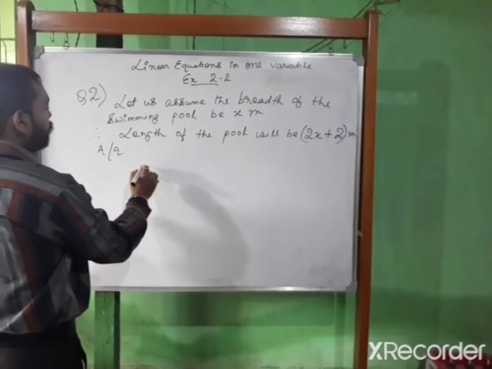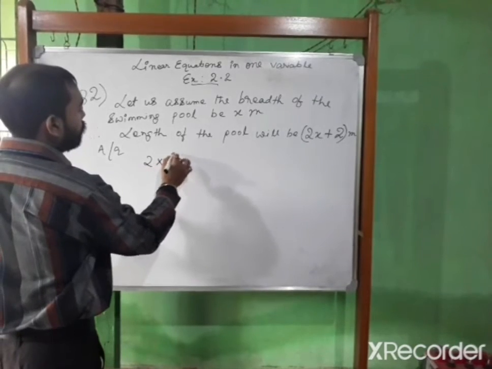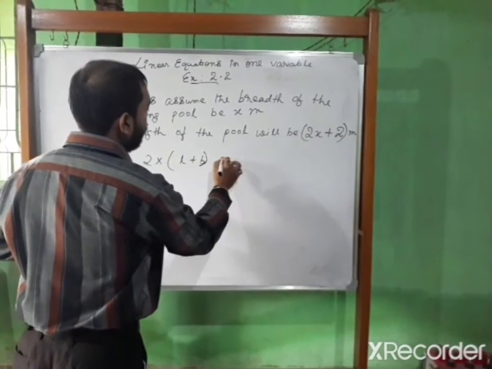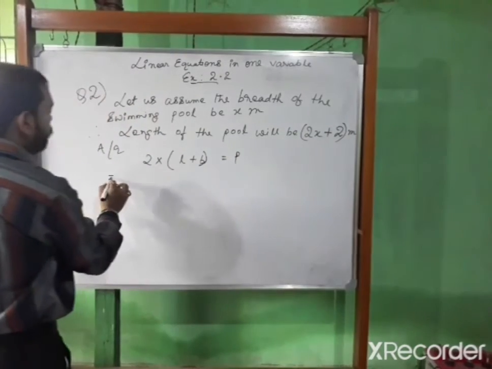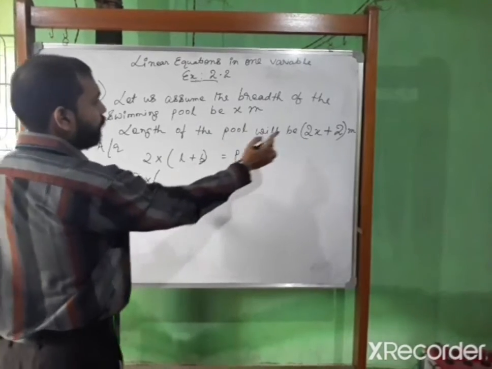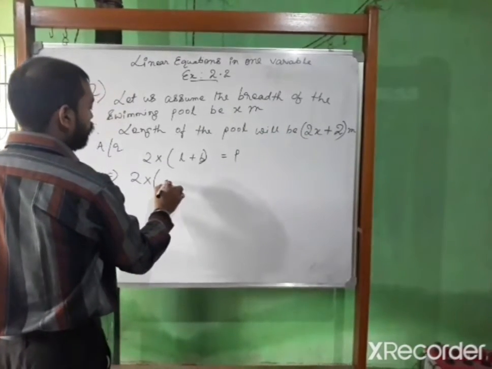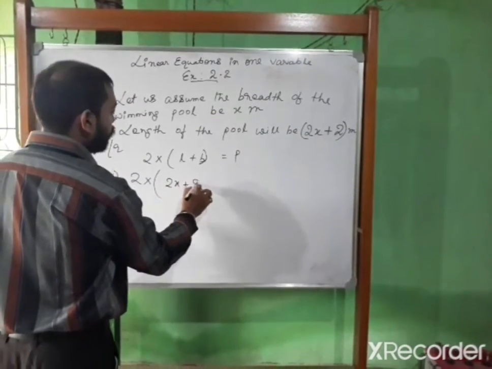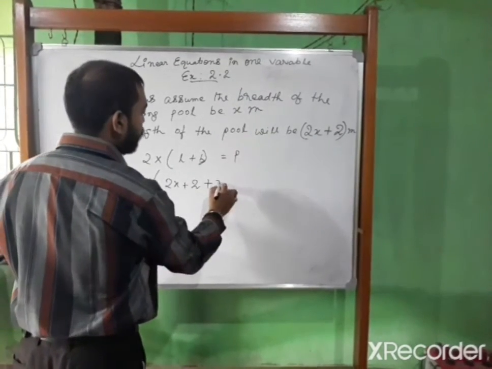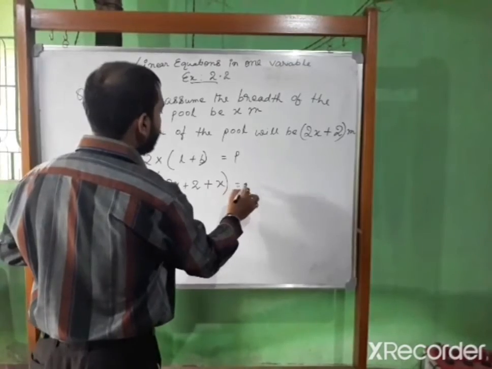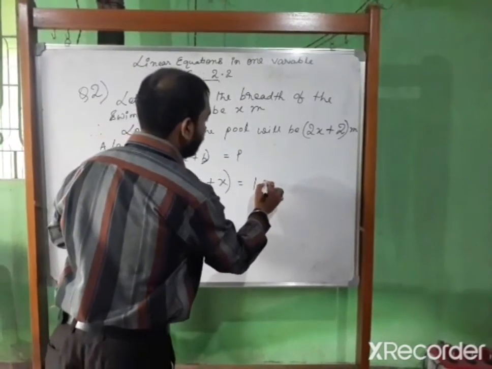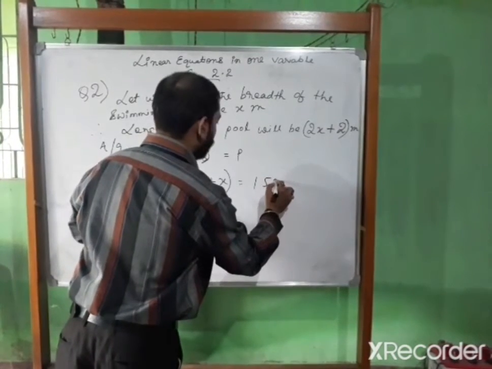So 2 into length plus breadth equal to perimeter, which implies 2 into, in place of length we can write 2x plus 2, plus breadth, which is x, equal to p. So p is 154, it is given in the question.